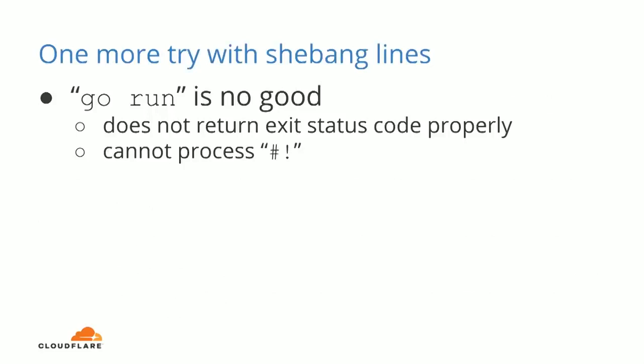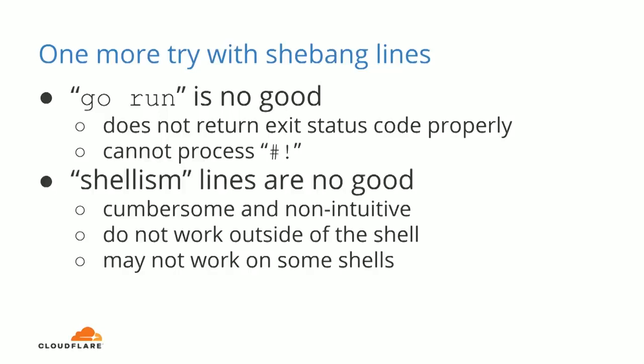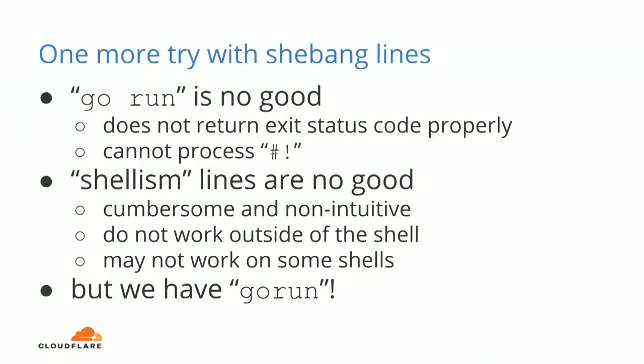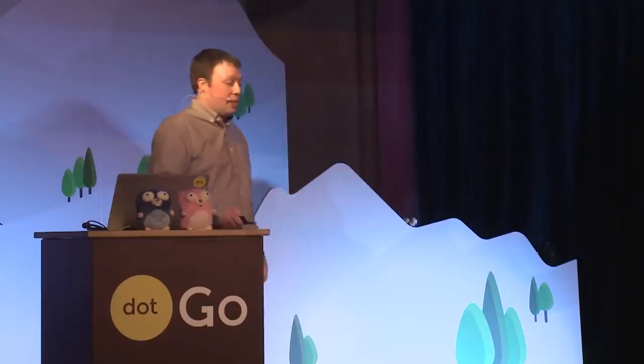OK, so what we know is that go run is no good. We know that the shellism approach is also not good. It's very complex, and it doesn't support all the use cases. So let's try the shebang approach once more. Because the official go run tool does not do what we want, people came up with an additional custom tool called gorun, without the space, which does what we need.